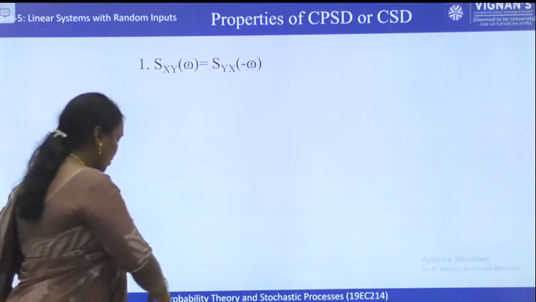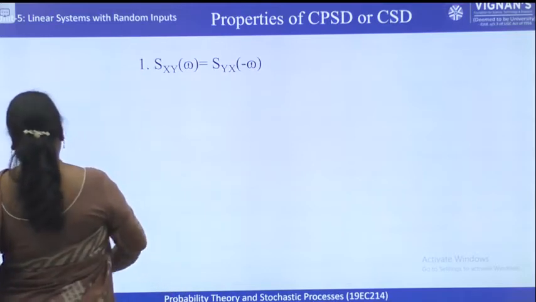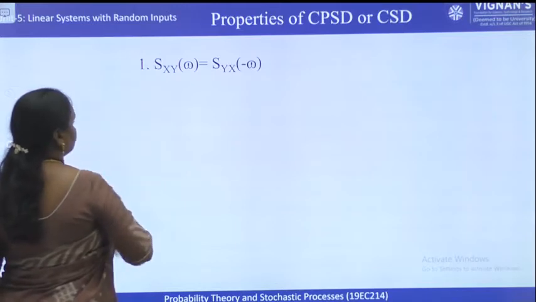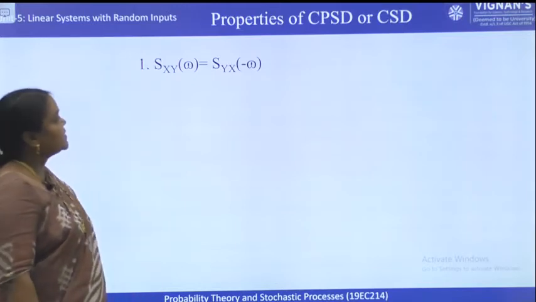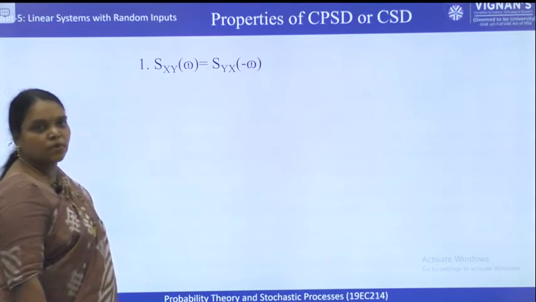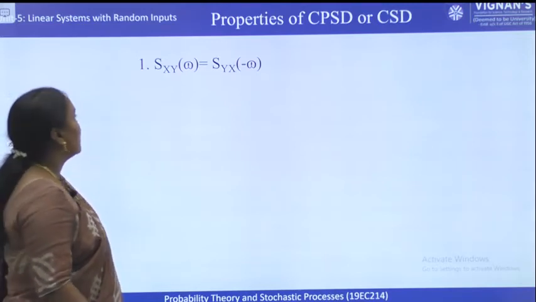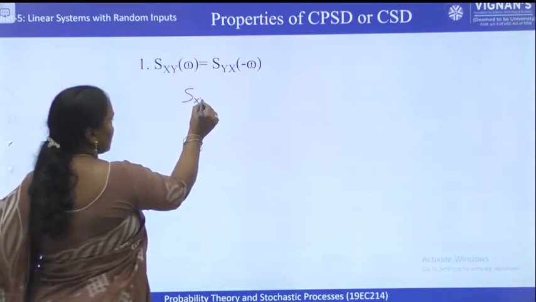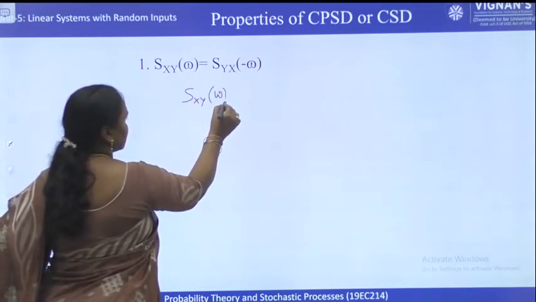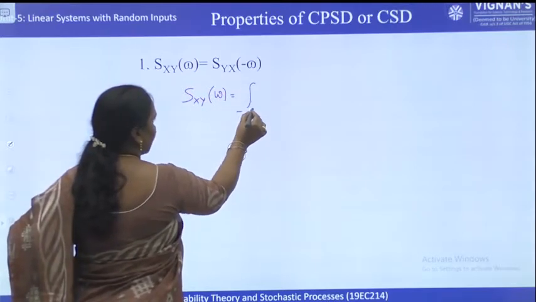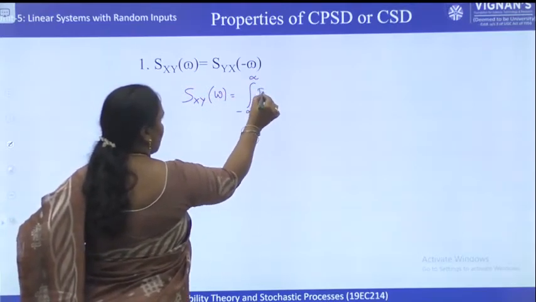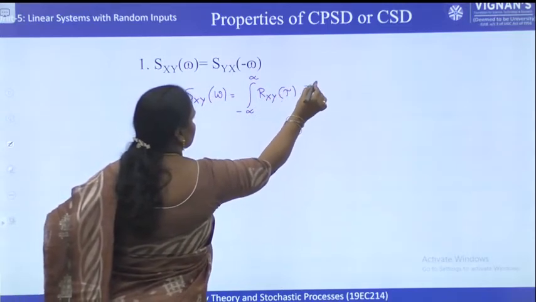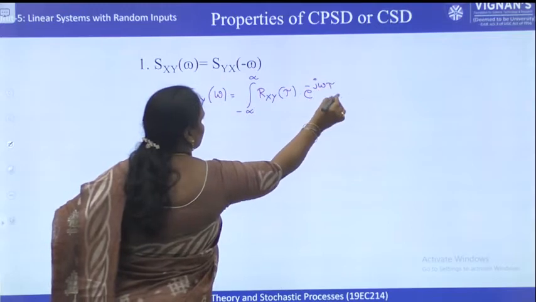And let us see the properties. First property is Sxy of omega is equal to Syx of minus omega. We know the cross power spectral density is the Fourier transform of the cross correlation function. So, integral minus infinity to infinity r xy of tau into e power minus j omega tau d tau.